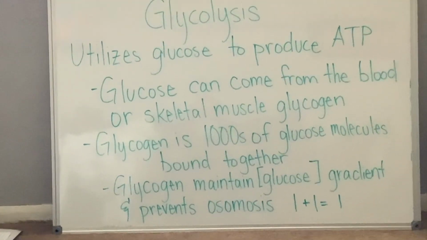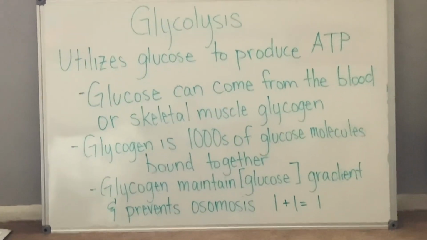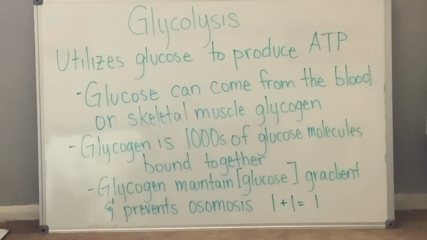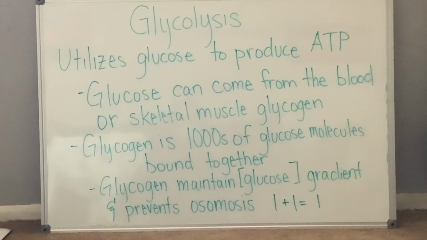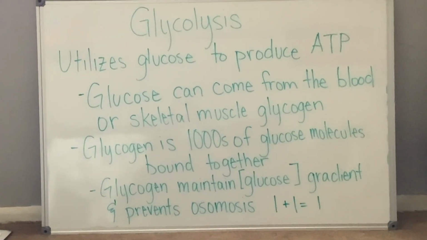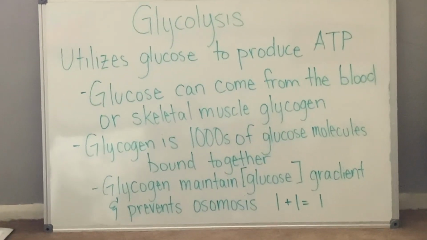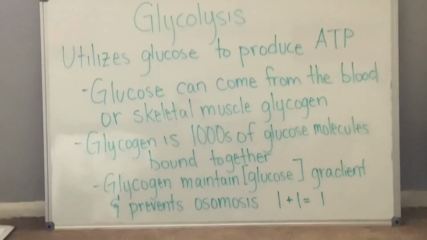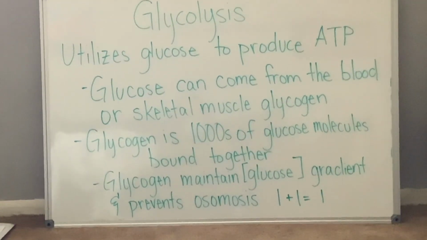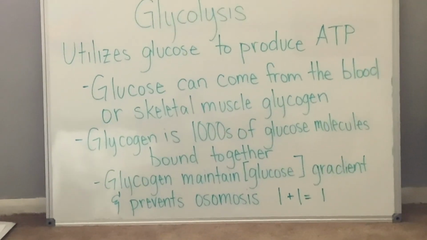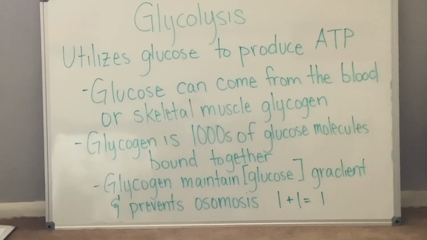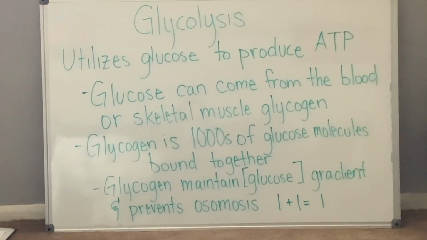The storage of glucose as glycogen serves several purposes within the cell. First, it allows for a large amount of glucose to be located close to where glycolytic pathways are most prevalent in the skeletal muscle. In addition, storing glucose as glycogen allows the maintenance of the glucose concentration gradients.